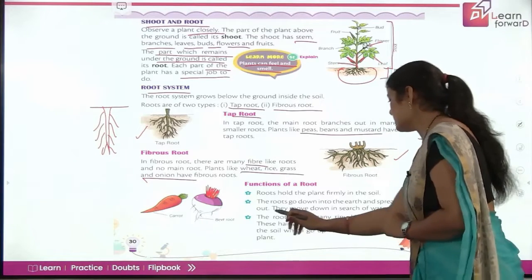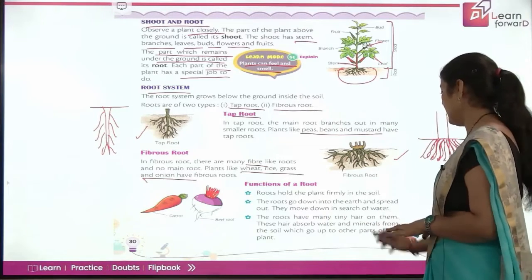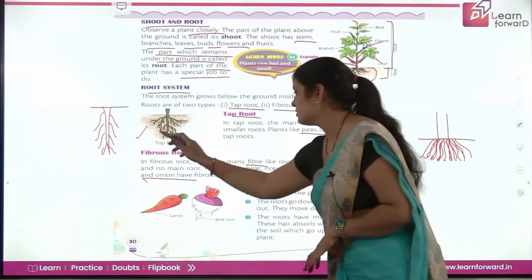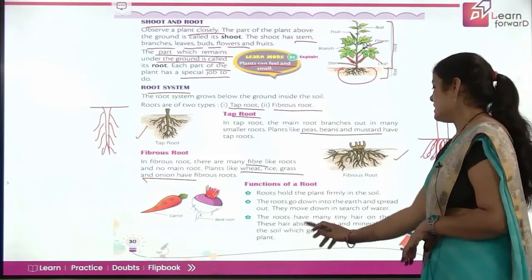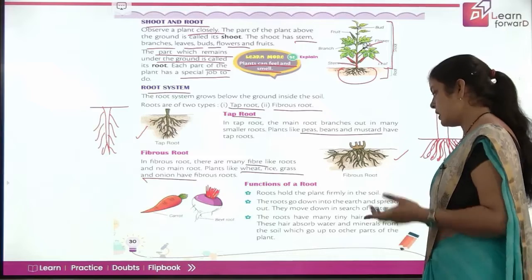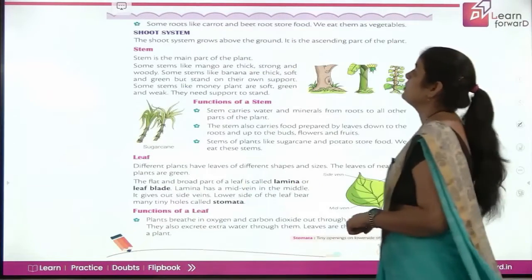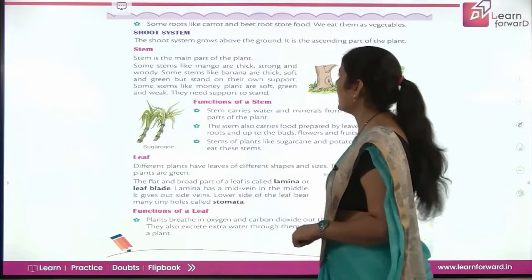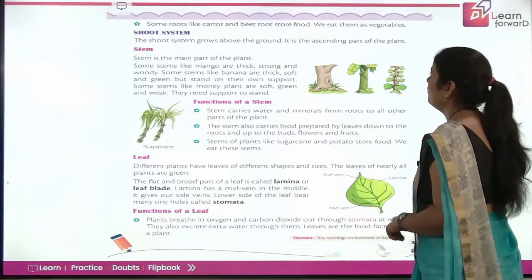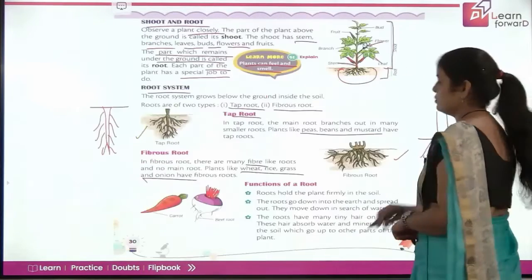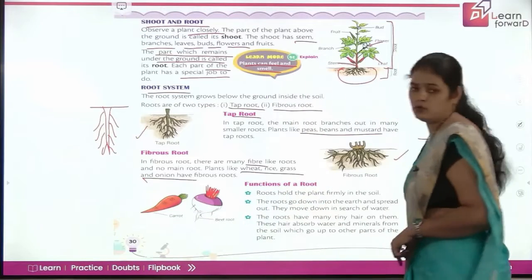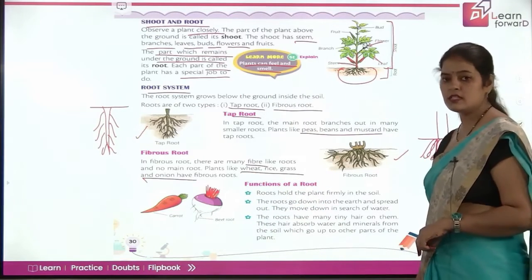Now next is the roots have many tiny hairs on them like this. These hairs absorb water and minerals from the soil, which go up to other parts of the plant. So discussed. Last is some roots like carrot and beetroot store food. We eat them as vegetables. So carrot and beetroot, these are roots.